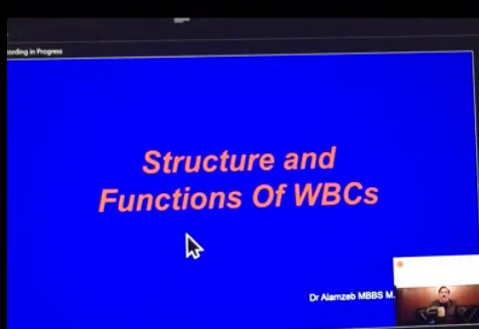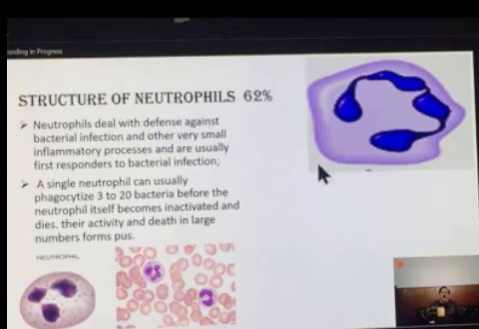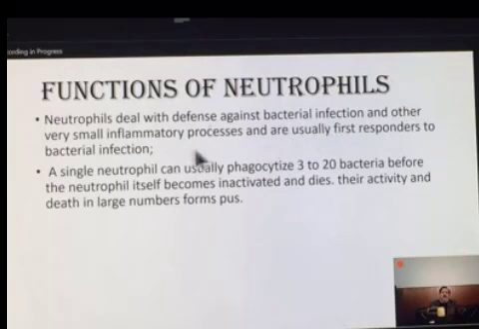Now, structure and function of WBCs. Structure of neutrophil and its concentration or number: it is 62% of the whole WBC. Function of neutrophil. Neutrophils deal with the defense against bacteria, bacterial infection and other very small inflammatory processes, and are usually the first response to the bacteria.